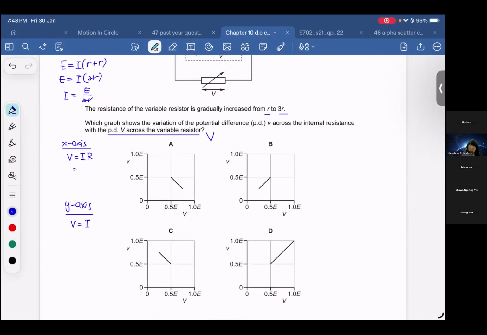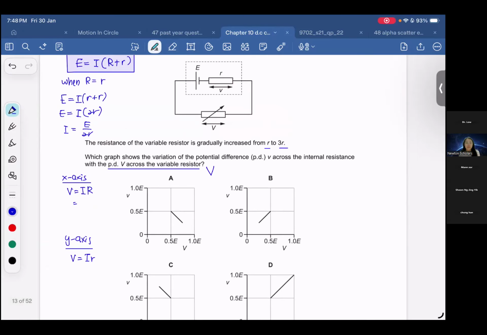V plus Ir equals E. Okay, I can give some hints until here. So can you try?